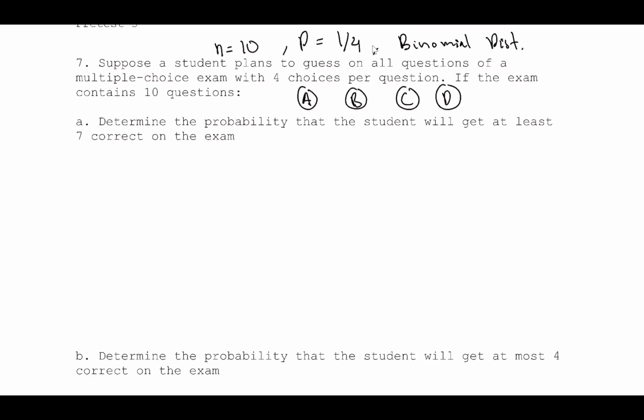All right. So let's do A. For A, it says determine the probability that the student will get at least 7 questions, or 7 correct, on this exam.